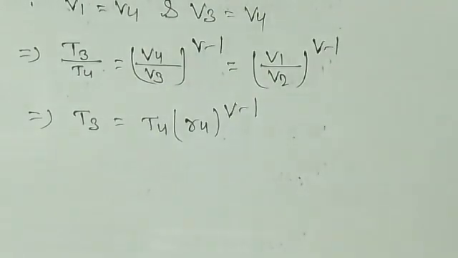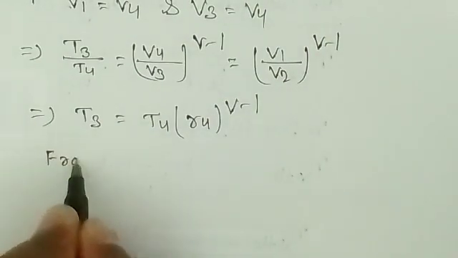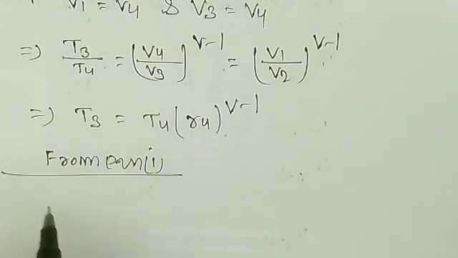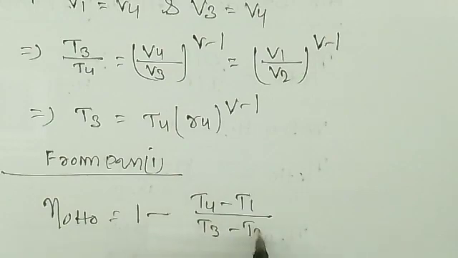What is equation 1? The equation 1 we got is 1 minus (T4 minus T1) by (T3 minus T2), right? So from equation 1, the efficiency of Otto is equal to 1 minus (T4 minus T1) by (T3 minus T2).